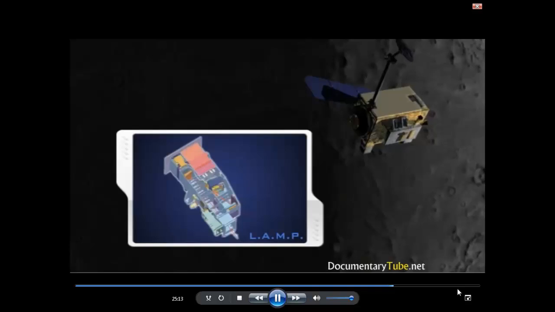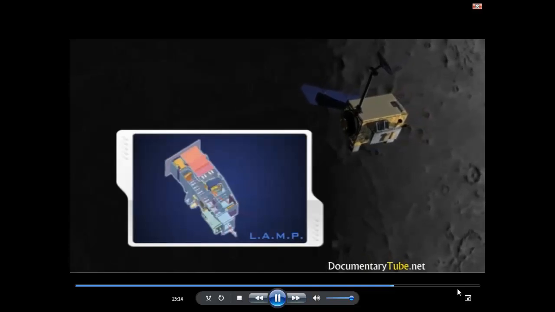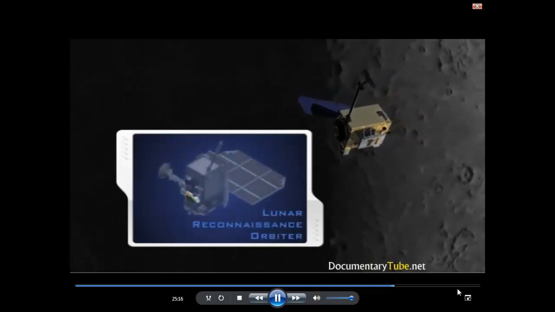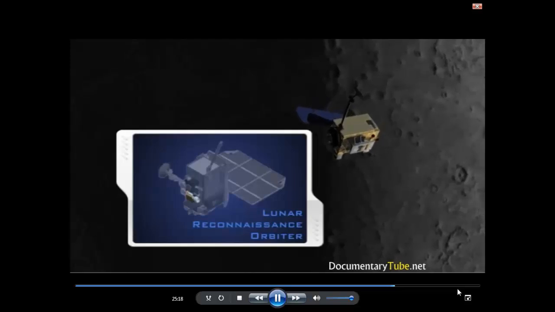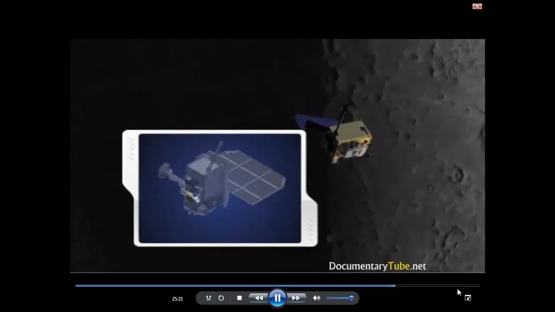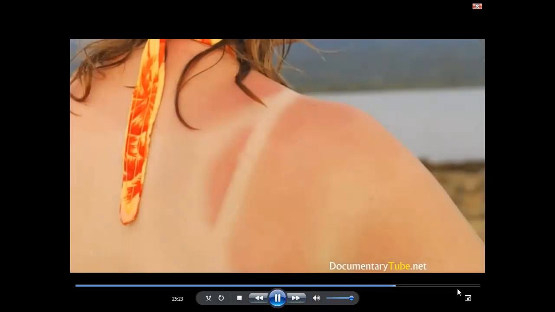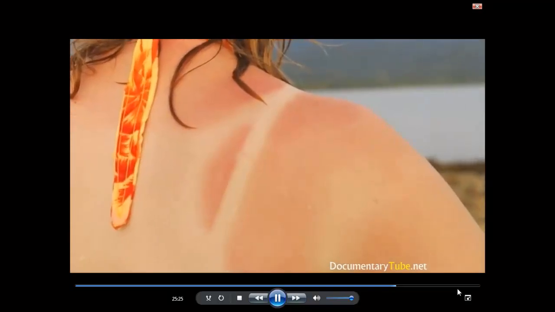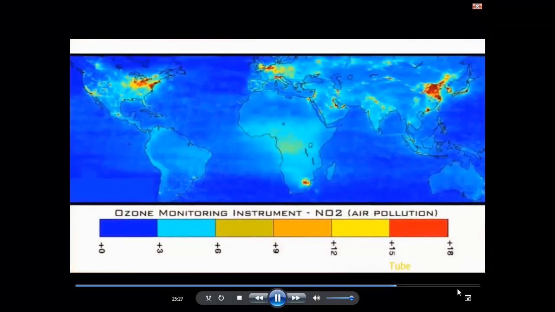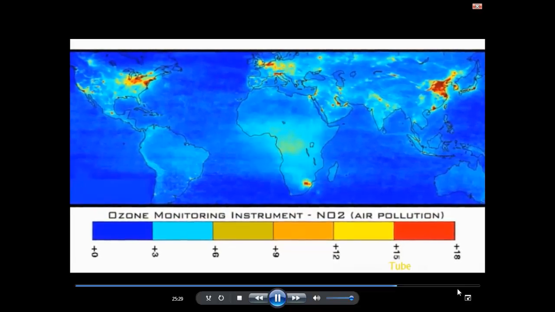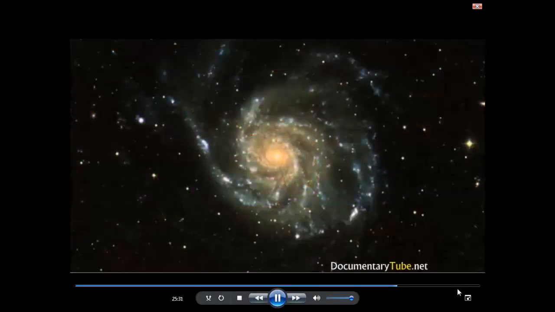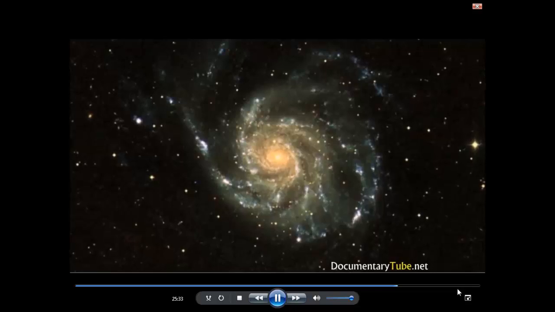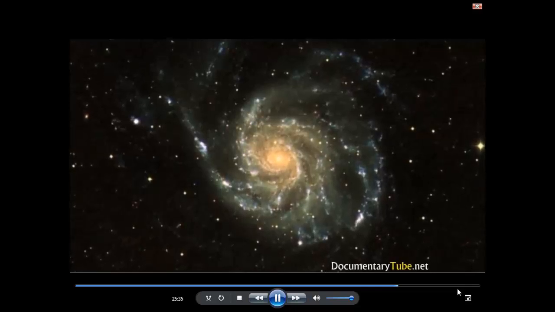The Lyman Alpha Mapping Project, or LAMP, instrument aboard NASA's Lunar Reconnaissance Orbiter can use this faint starshine to look for possible water ice on the moon. Ultraviolet rays may be harmful to humans, but they are essential to studying the health of our planet's protective atmosphere and give us valuable clues to the formation and composition of distant celestial objects.